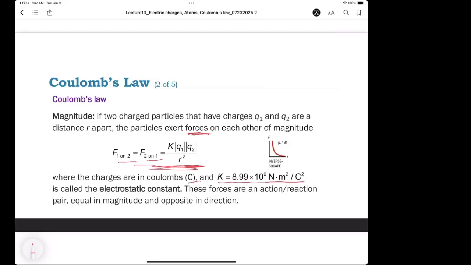We call it the electrostatic constant. These forces are an action and reaction pair, equal in magnitude and opposite in direction.